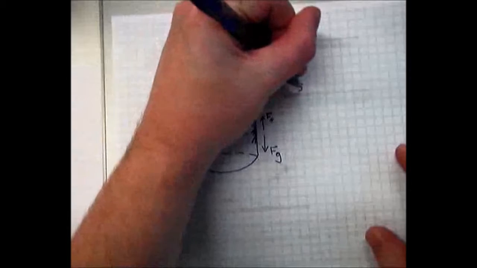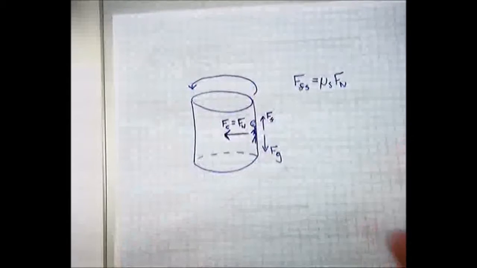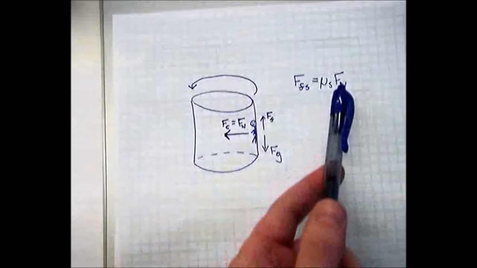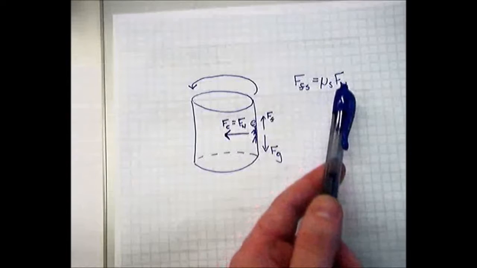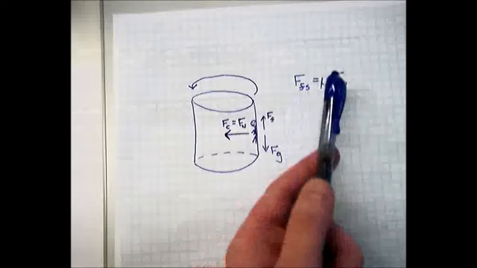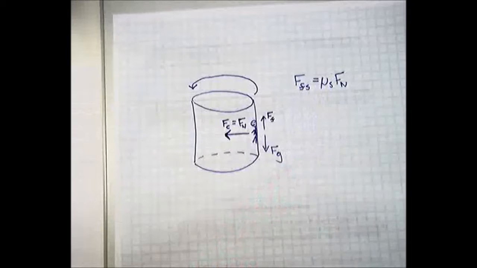Whether you're dealing with static or kinetic, in this case we're dealing with static friction. If we can calculate the normal force, or in this case the centripetal force, then we can use that information to figure out what our coefficient of friction is.